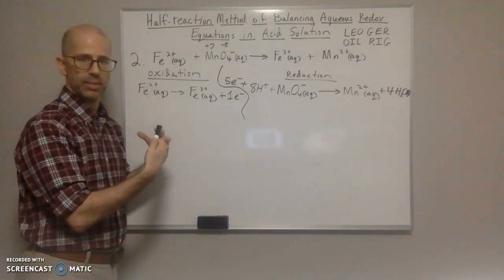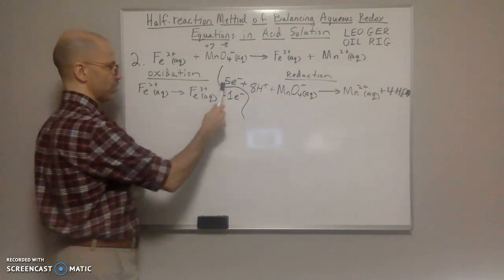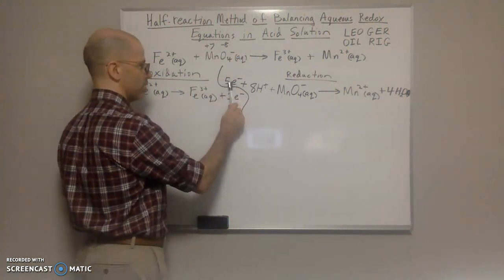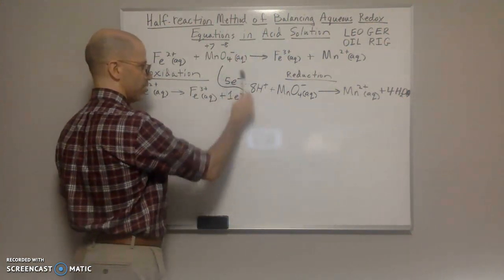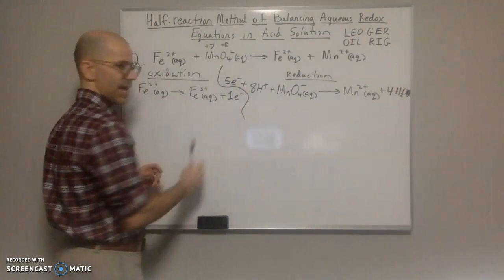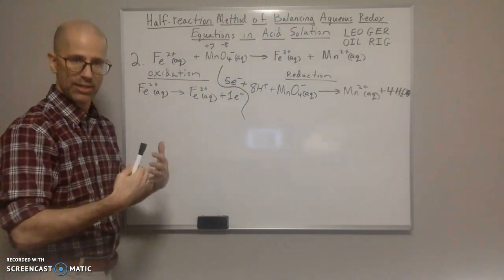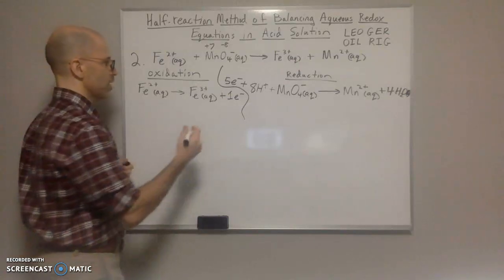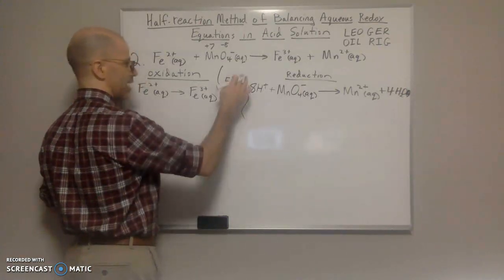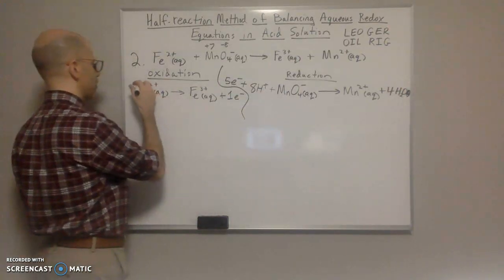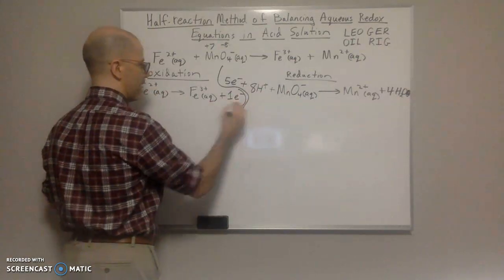Now I'm going to add them together, but before I do, I need to make sure that the number of electrons on the reactant side and on the product side are equal, so that they cancel out when I add them together. So I have 1 electron on this side, I have 5 on this side. So I'm going to have to multiply this by 5.